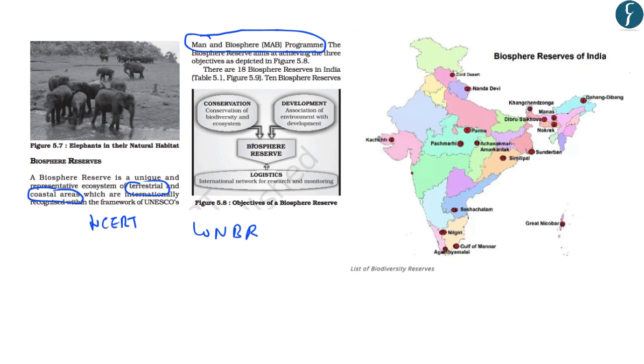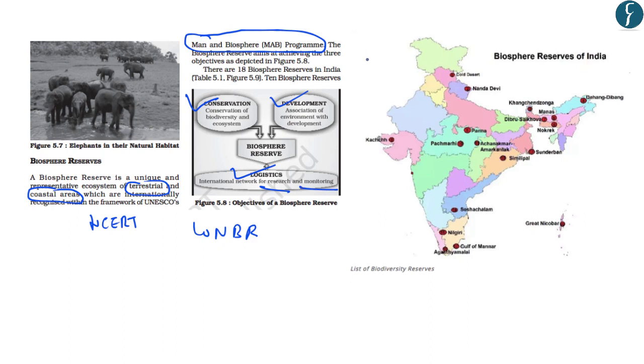Now, the biosphere reserves are added into UNESCO list with three objectives. These are, first, the conservation of biodiversity and ecosystem. Secondly, the development, that is association of development with environment. And thirdly, the logistics, that is the research and monitoring of such biosphere reserves. So these are the important facts that have been mentioned in NCERT and we should know them.